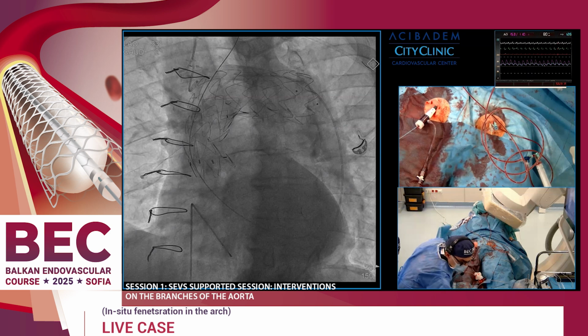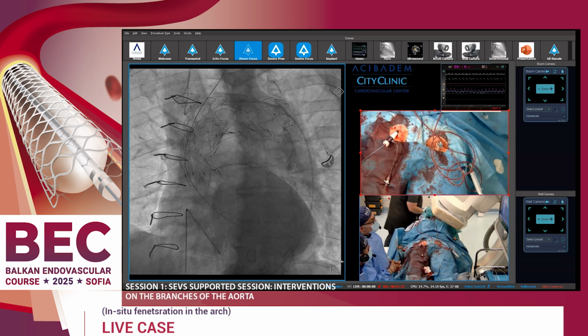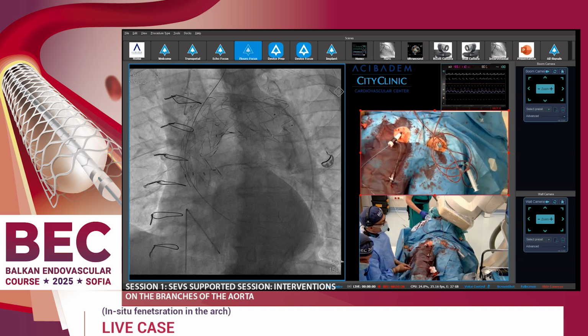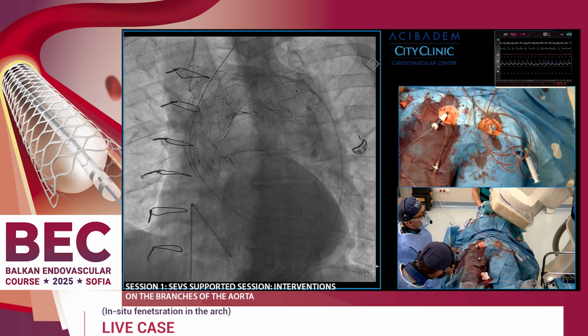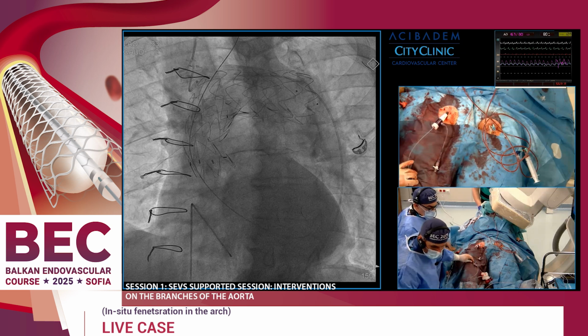So now we are going to proceed with the fenestrations. We are using the so-called triple telescopic system: sheath, guiding catheter, inside the guiding catheter a microcatheter, and inside the microcatheter the penetration wire, the so-called electrified wire.